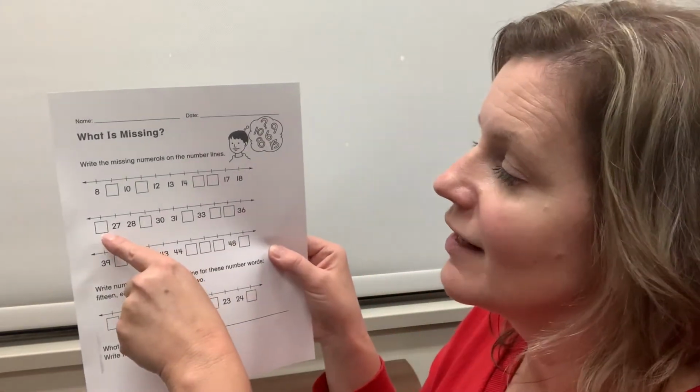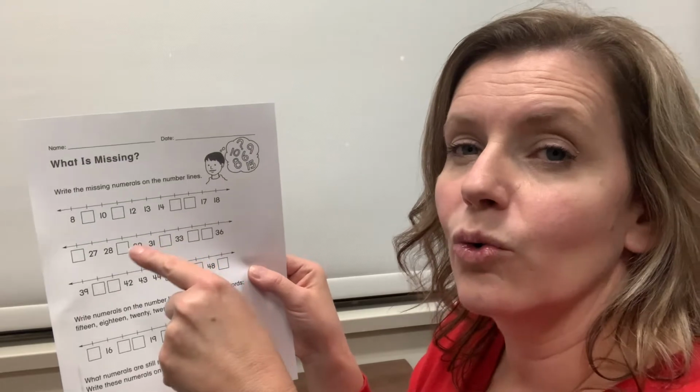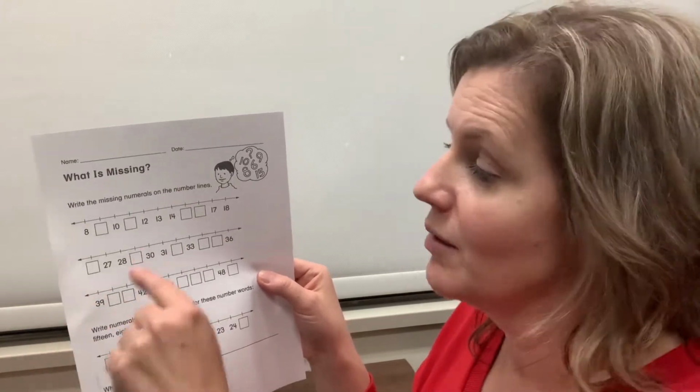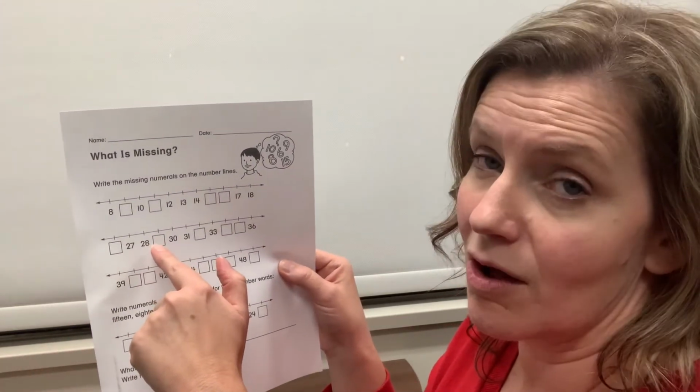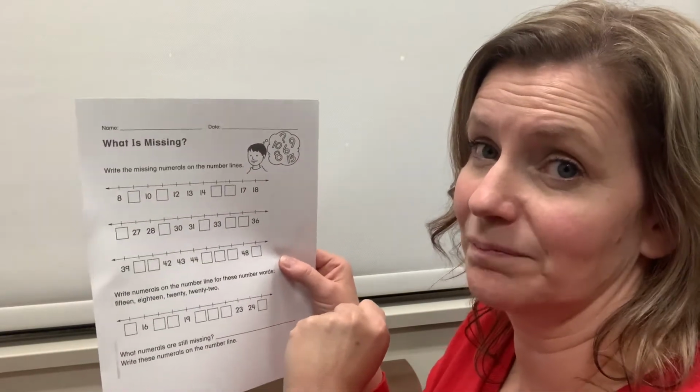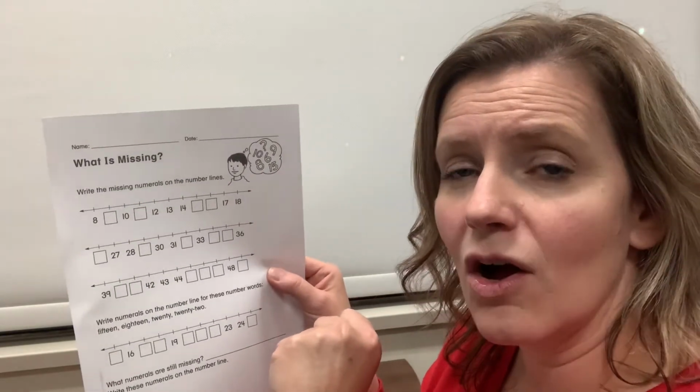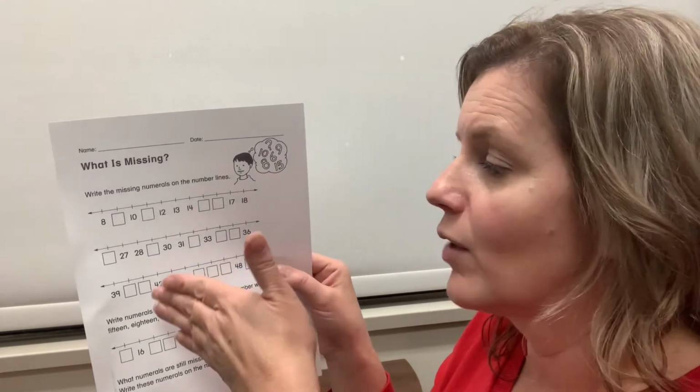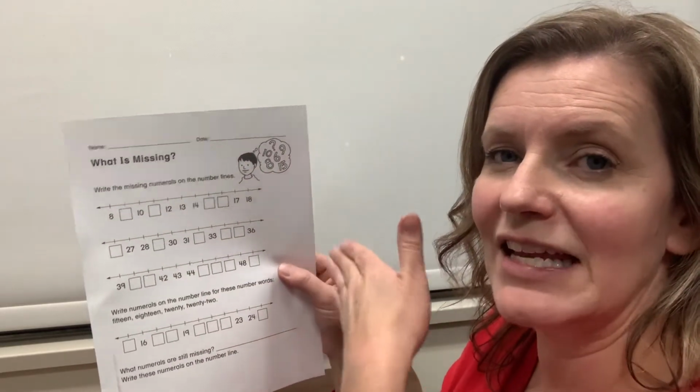When you're in each one of those tens sections, you can figure out which one is a greater number and which one is smaller by looking at the ones column if the tens number is the same. So the ones column will always go up 1, 2, 3, 4, 5, 6, 7, 8, 9.